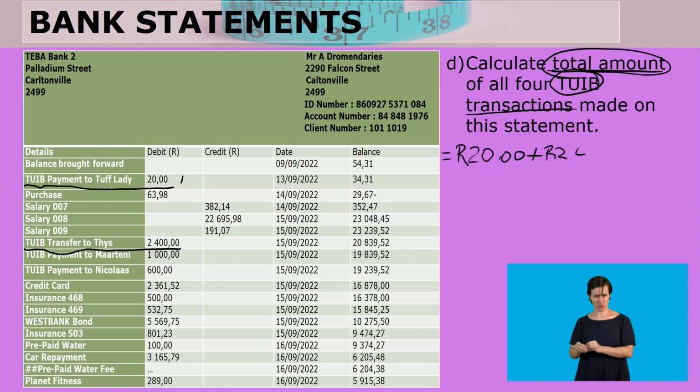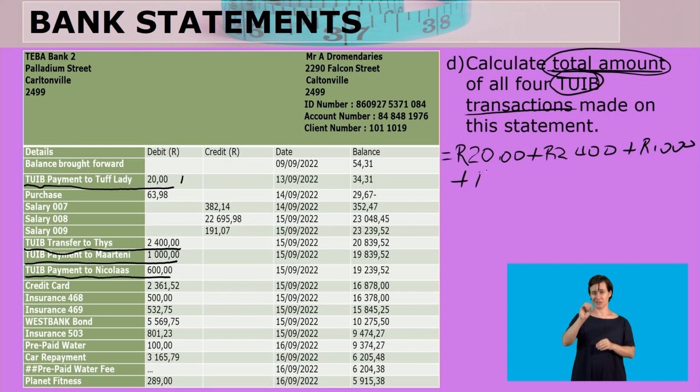So this is 2,400 plus we also have a debit of 1,000 that was made plus a payment of 600. So all those are TUIB transactions. So working out the total amount of all these values that have been made on TUIB, we will get a total amount of 4,020 Rand.